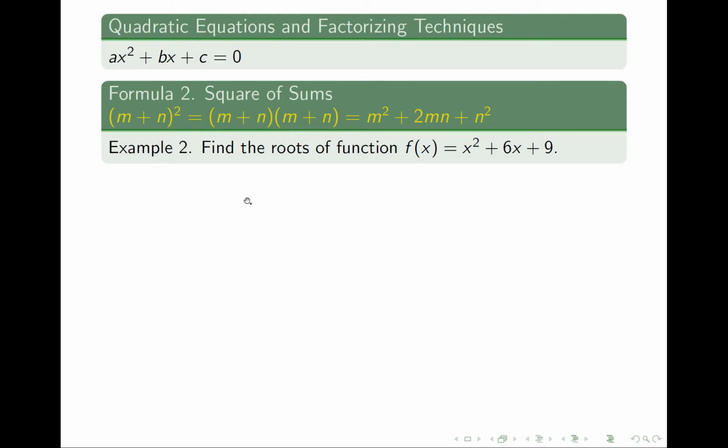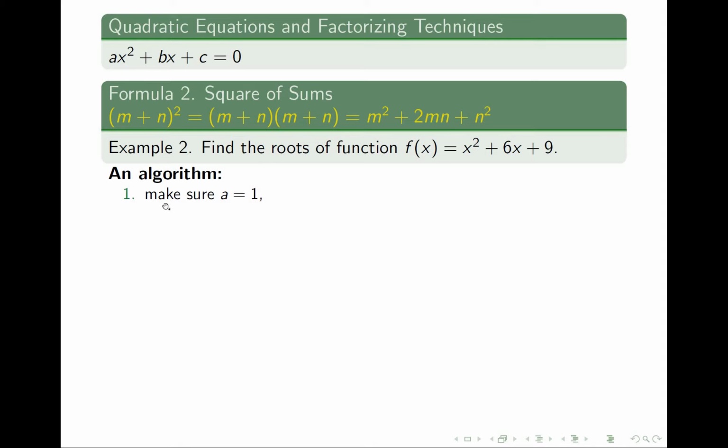Because we would like to solve all kinds of quadratic equations, I will give an algorithm for this, keeping in mind that in general we have a standard form of a quadratic equation as this. So we can present an algorithm to solve all kinds of quadratic equations.